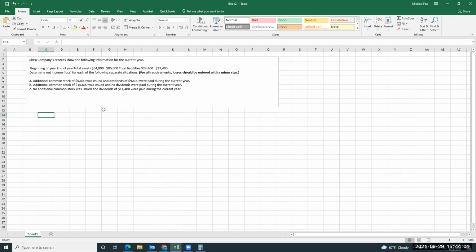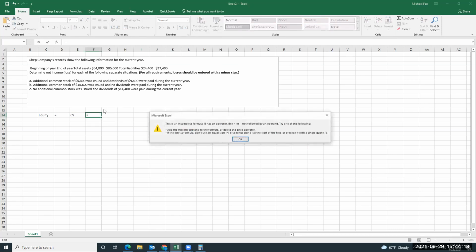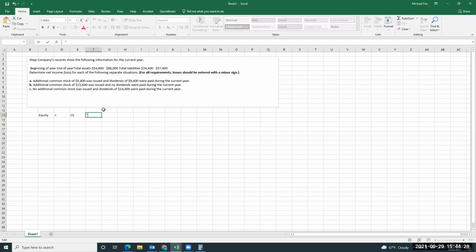We know that the stockholders' equity, or we'll just call it equity, equals our common stock, which I'll abbreviate as CS, plus our net income, minus any dividends that we pay out.